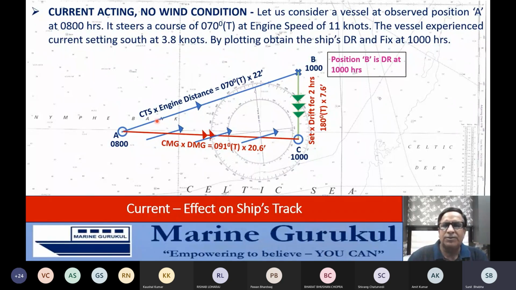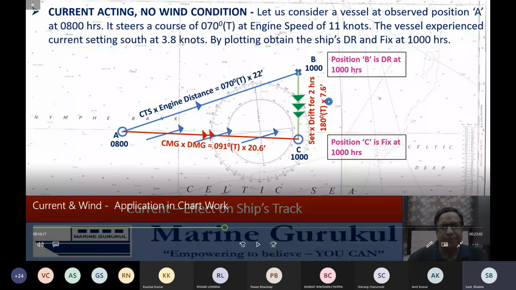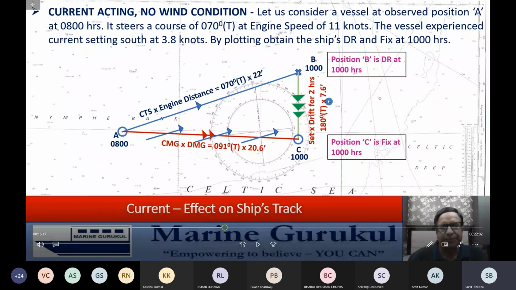CTS remains 070 degrees. So you see when the vessel reaches here, her heading is aligned in this direction, that is 070, but her position is shifting along this CMG line. Everywhere the heading is the same as 070, but position is shifting along the CMG line. Okay, so just have a good look at the diagram, beta. Let me know if there are any doubts.